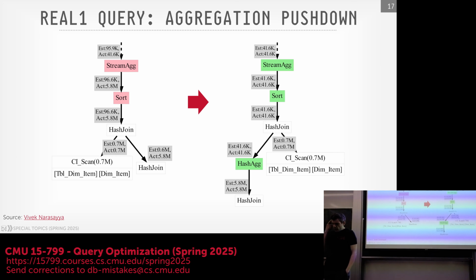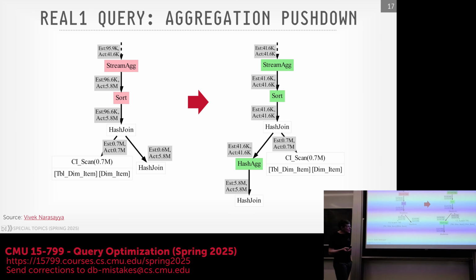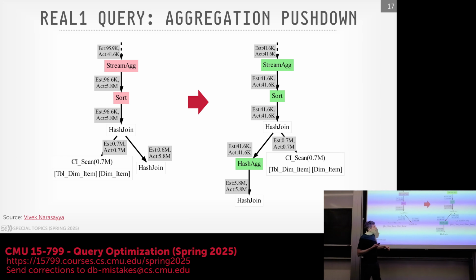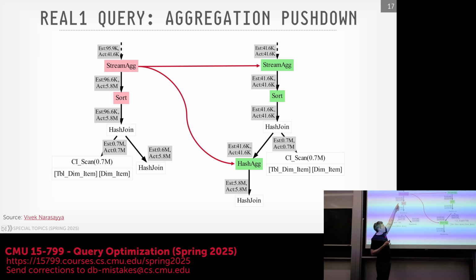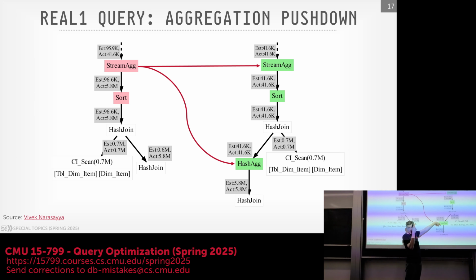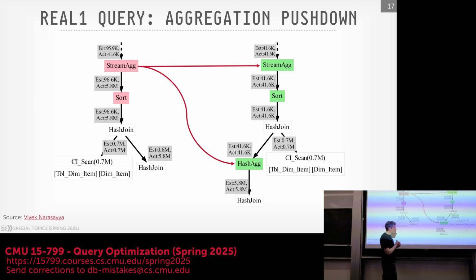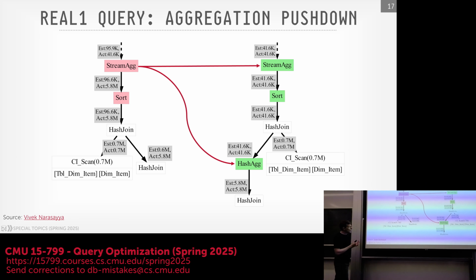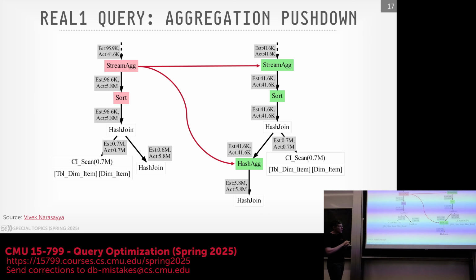So with true cardinality estimations, what happens is that you end up breaking the streaming aggregation at the top and moving part of it down into a hash aggregation, where you build a hash table and maintain the aggregation as you go along. But you still keep the streaming aggregation up above because you still need to clean things up at the end to get the true aggregation out of it.